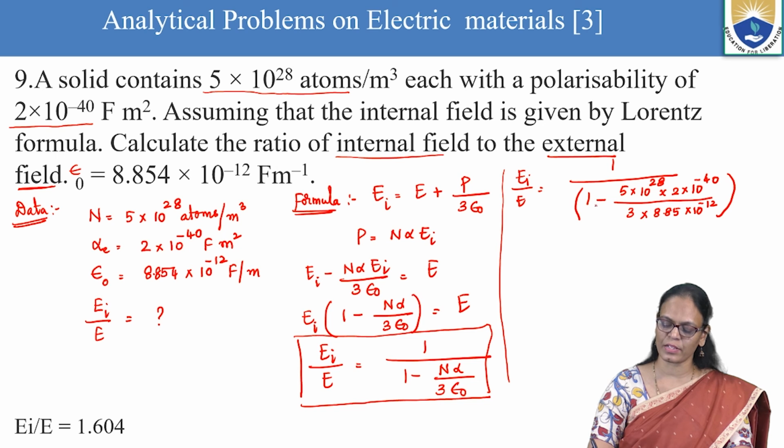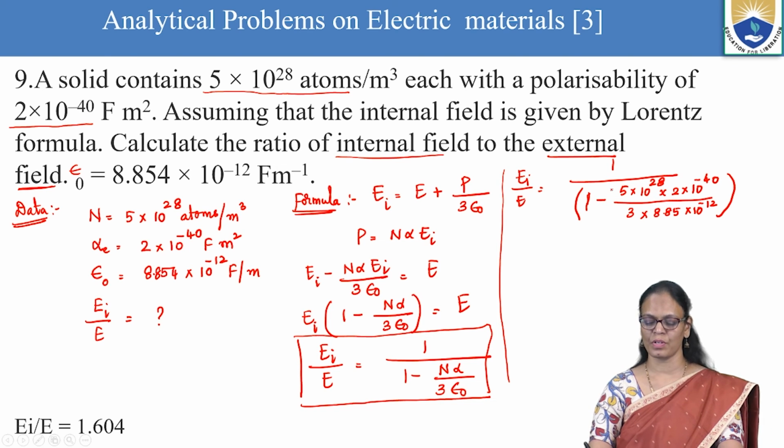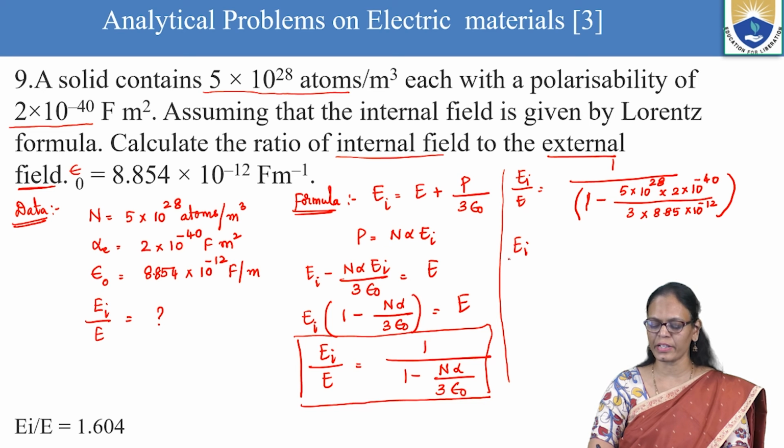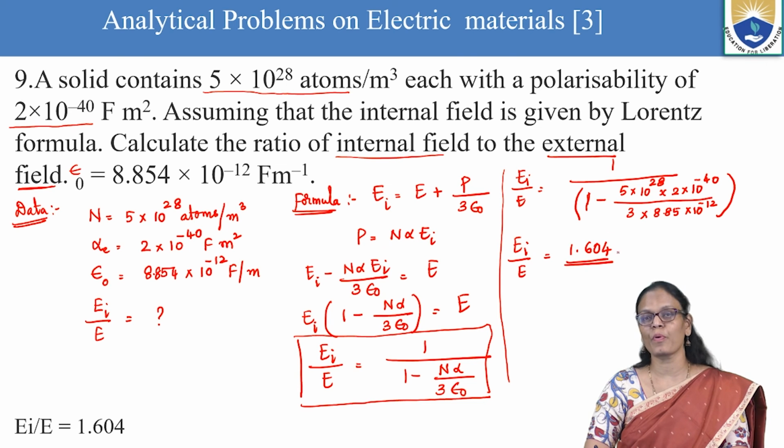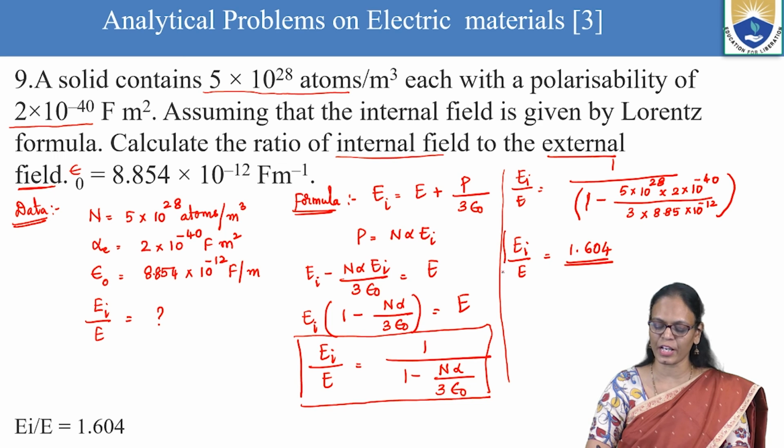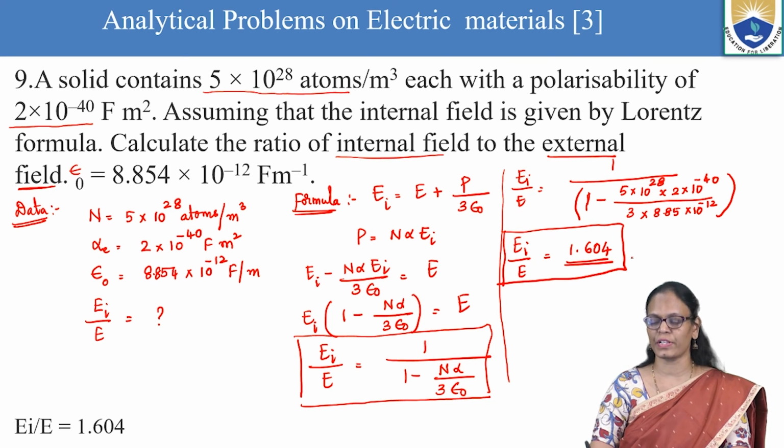So this is there in the denominator, 1 minus N alpha by 3 epsilon naught. So the ratio, you can directly use your calculator to get this value. It will be 1.604. So 1.604, we are getting the ratio of the internal field to the external field.